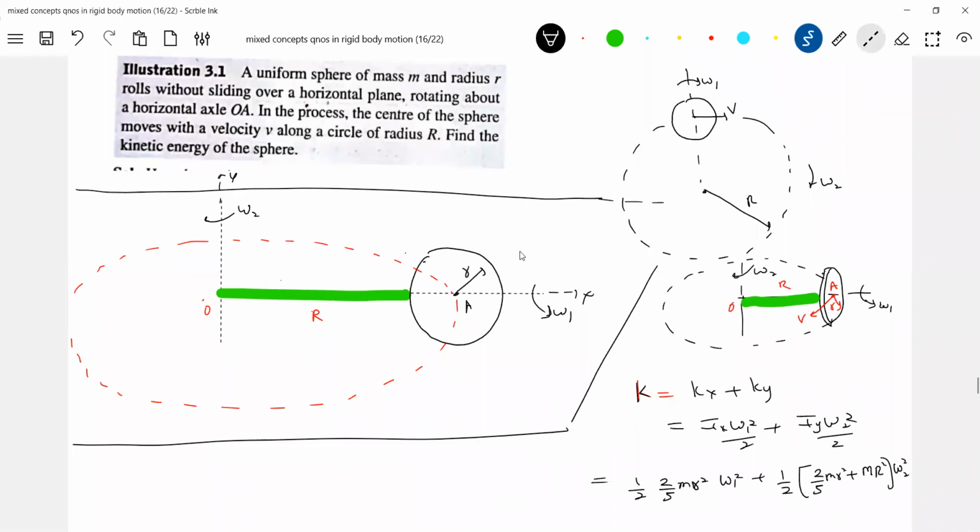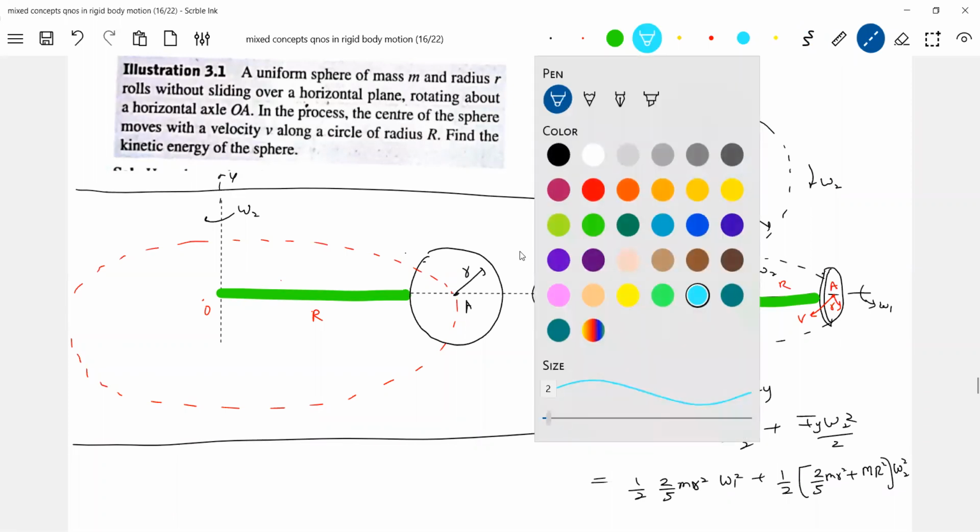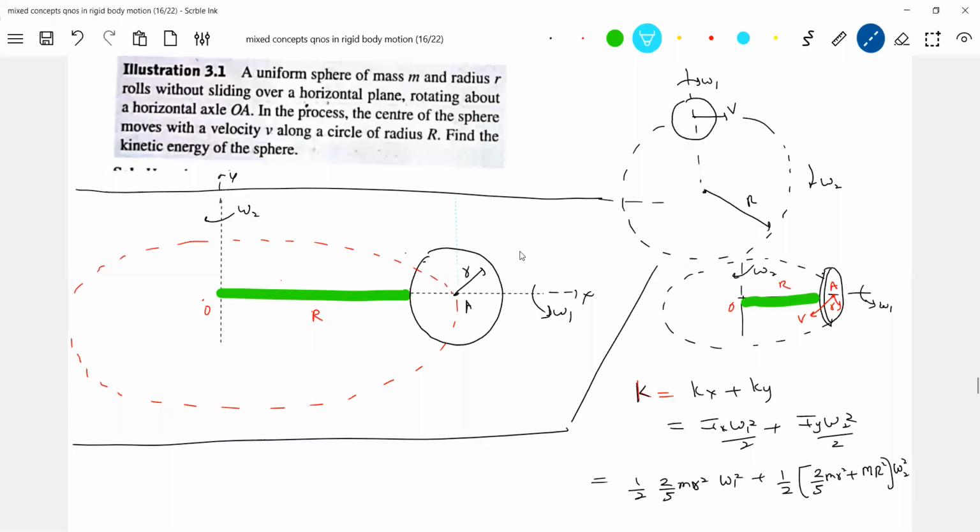Parallel axis theorem. I think I should draw one more axis here. This axis will be parallel to the y-axis. So what is the distance? In fact, capital R plus small r.